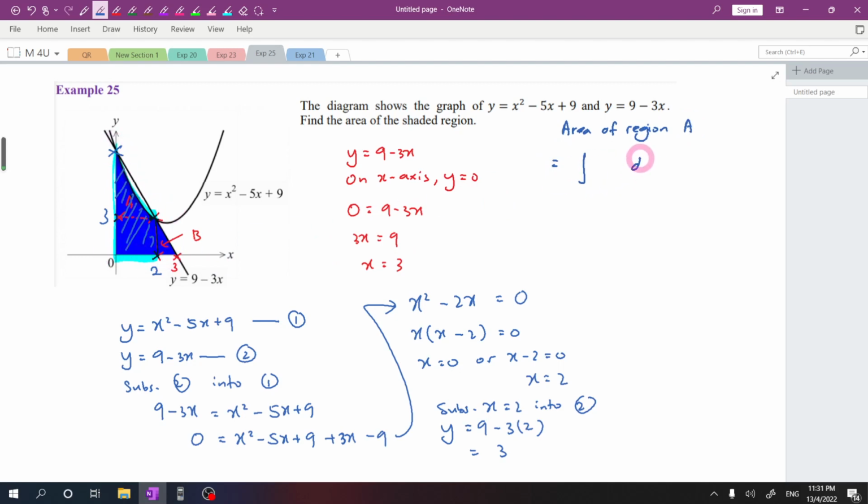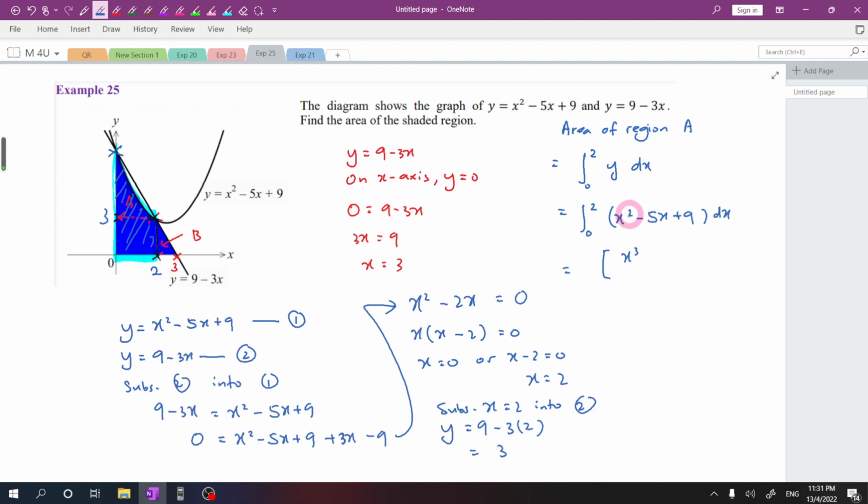Okay, so I'm going to use the integral of y dx from 0 to 2. y is equal to x squared minus 5x plus 9 dx. Now we can start to do the integration.